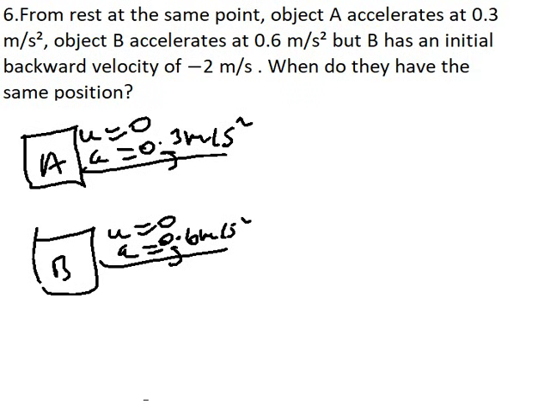But object B has an initial backward velocity, which means object B actually has an initial velocity of -2 meters per second. Now the question says, when do they have the same position? In other words, we should calculate the distance both travel before they overtake each other, using the principles I've been talking about. So try to have that.